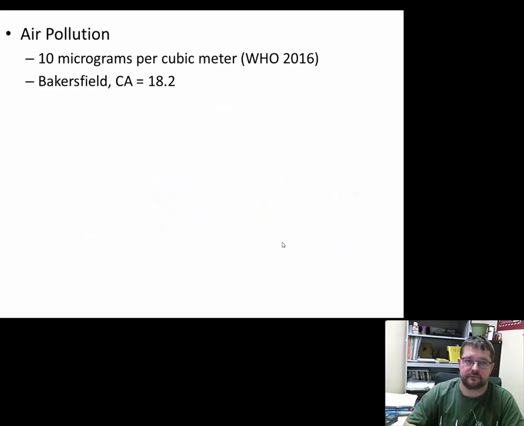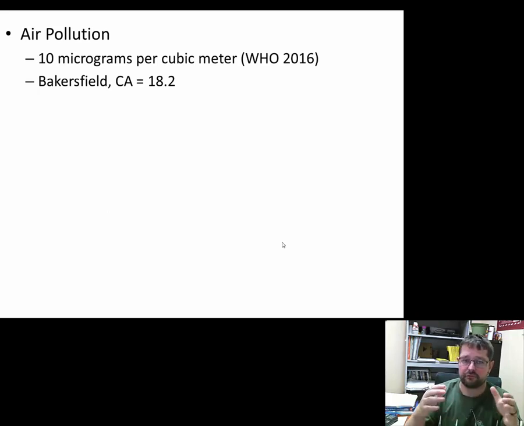Air pollution. This will put another perspective on the whole carbon dioxide, carbon monoxide issue. So the World Health Organization in 2016 published a piece of literature that said anything that is 10 micrograms or less per cubic meter is safe enough for people to breathe.